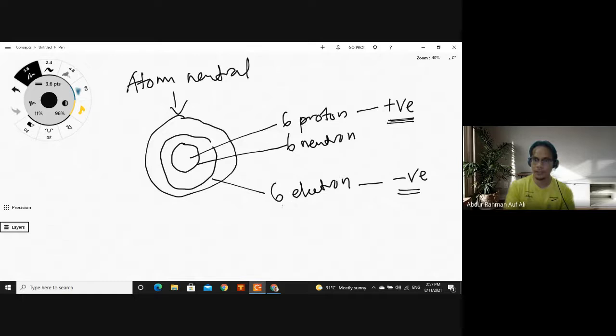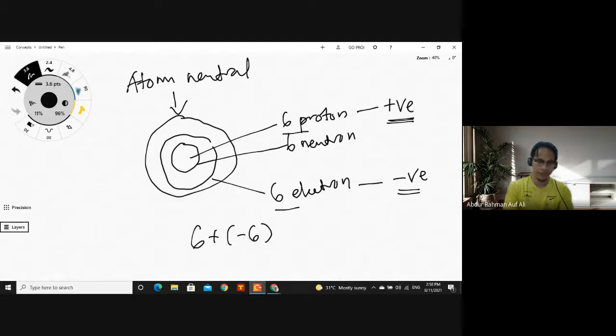So dia ada 6 biji elektron dan 6 biji proton. Kamu kena ingat proton charge dia positif, elektron charge dia negatif. So kalau kamu tambah kedua-dua bilangan proton dan elektron ini, 6 proton tambah dengan 6 elektron.